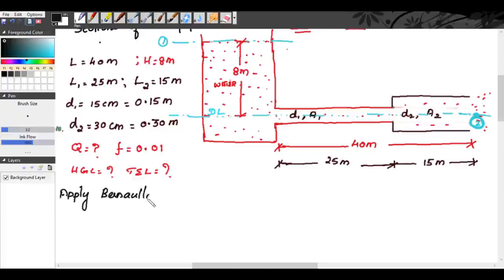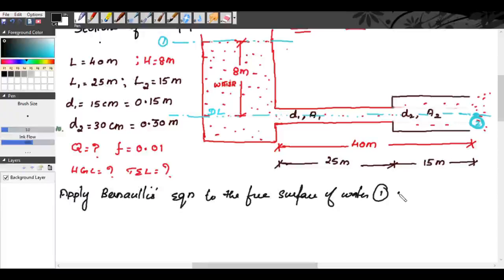So, we are applying Bernoulli's equation to the free surface of water, that is for section 1, and the outlet of pipe, that is our point 2 or section 2.